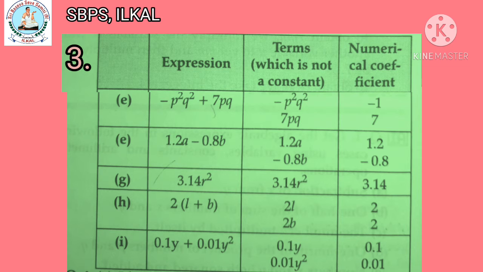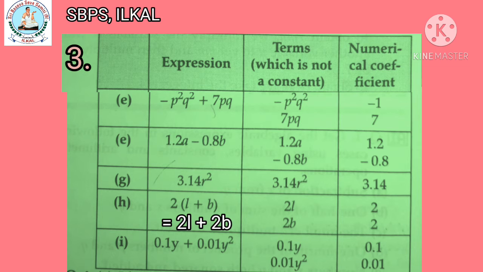Next expression 3.14 r square. Here it is a single term. We call it as a monomial. Okay. The term is 3.14 r square. Then its numerical coefficient is 3.14. Next expression 2 into L plus B. The simplified form of 2 into L plus B is 2L plus 2B. Here there are two terms 2L and 2B.